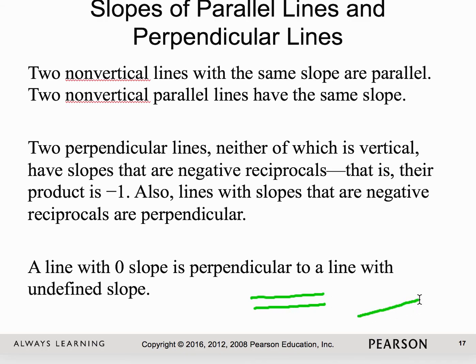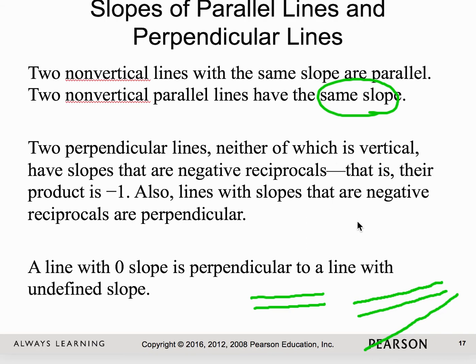If I had this line and then another line sloping a little bit different, eventually it's going to cross that line. The only way that a line could not cross this is if it was sloping exactly the same. So parallel lines have the same slope.